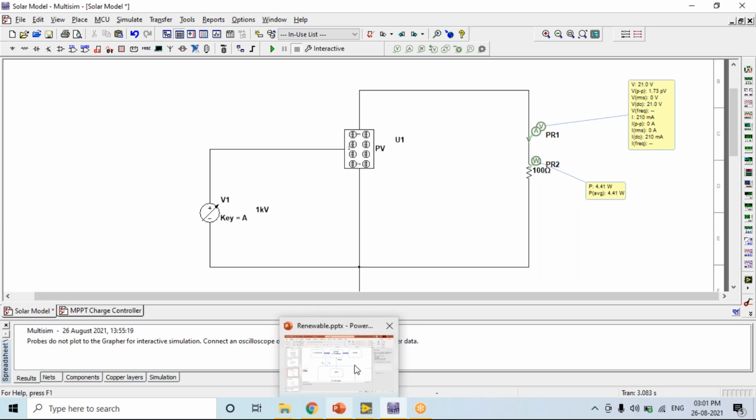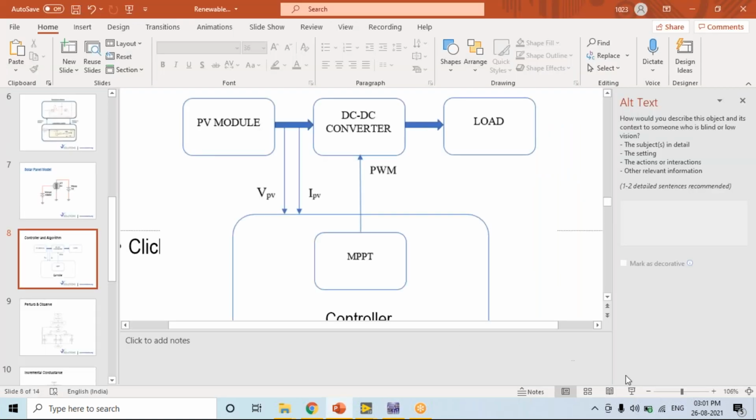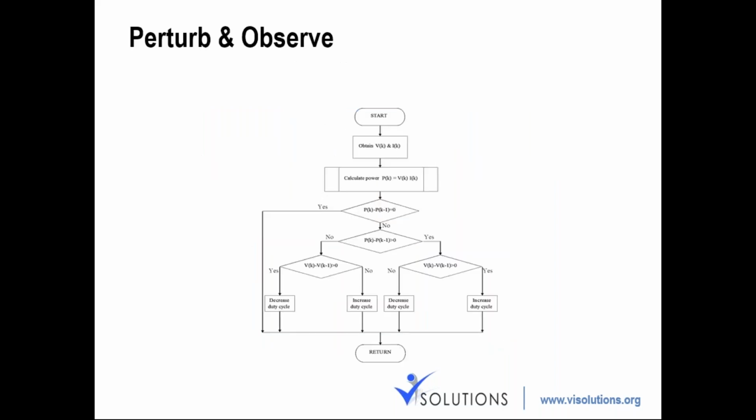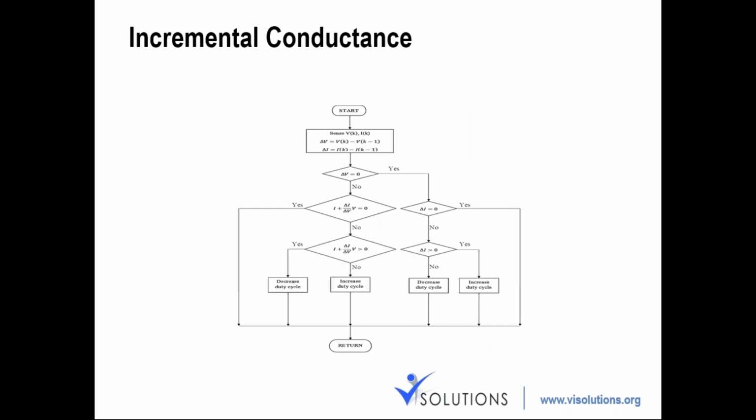For the algorithm implementation, there are of course different types of algorithms out there. Previously people were using perturb and observe and incremental conductance. Based on these, they will change the duty cycle slowly over a period of time until the power settles down at maximum.